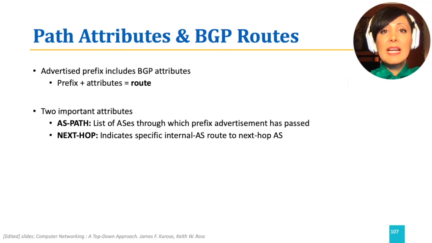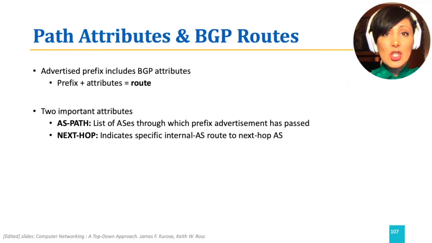Next hop indicates the specific internal AS route to next hop AS. There are many other attributes, like local preference and AS path length, that can help decide the next hop to an AS or an external destination when we are within an AS.